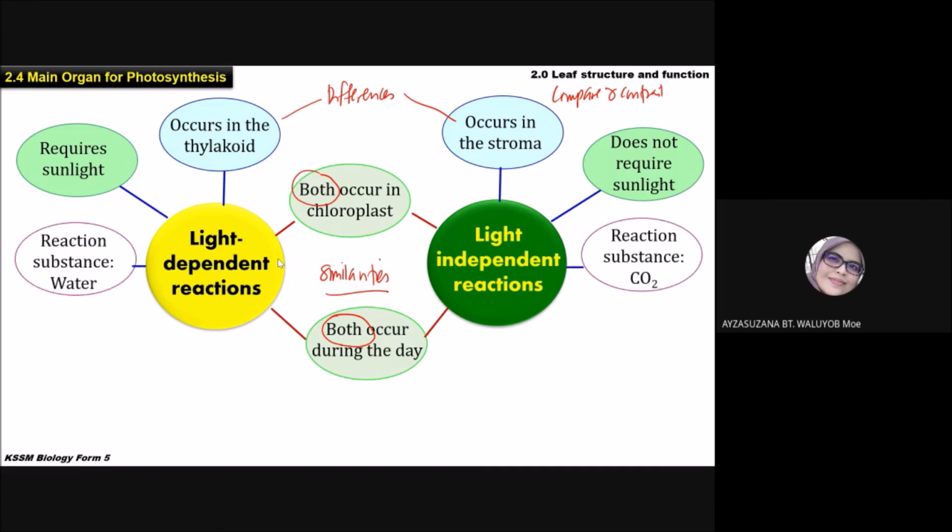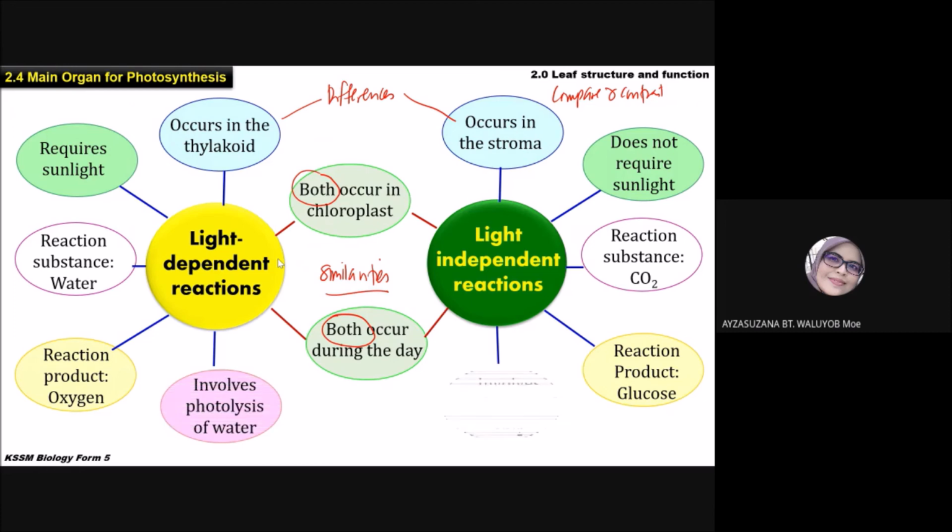Light dependent reaction substance is water. Photolysis of water berlaku. Light independent reaction substance adalah carbon dioxide. Light dependent product is oxygen. Light independent product is glucose.